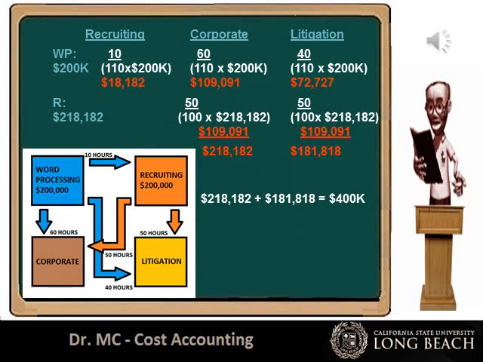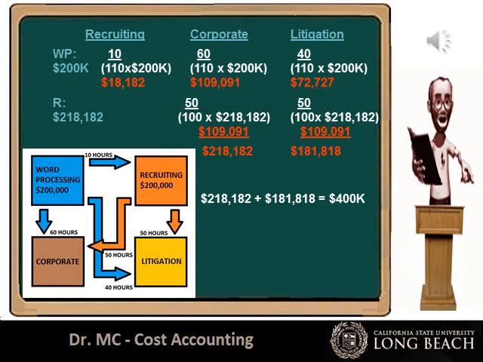The 50 hours spent on the corporate department and the 50 hours spent on the litigation department add up to 100 hours. When you divide the corporate department's 50 hours by the 100 total hours, you see that corporate gets 50% of recruiting costs. Similarly, when you divide litigation's 50 hours by the 100 total hours, you see that 50% of recruiting costs are allocated to litigation.